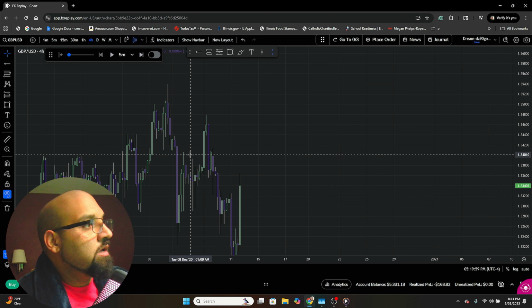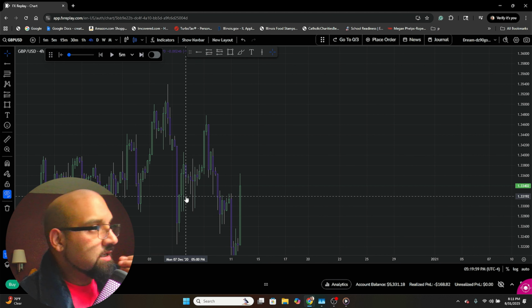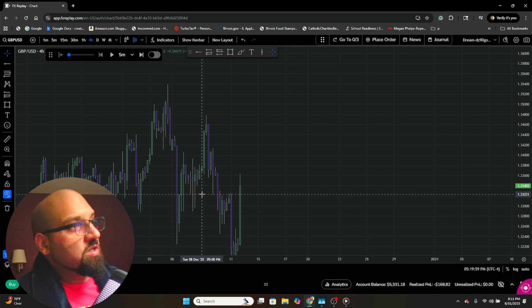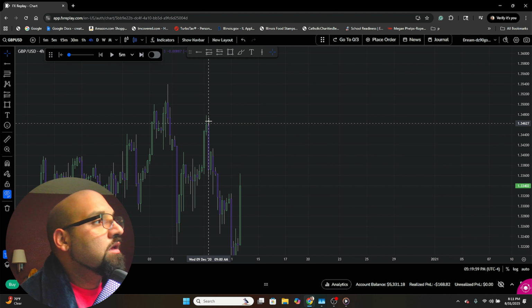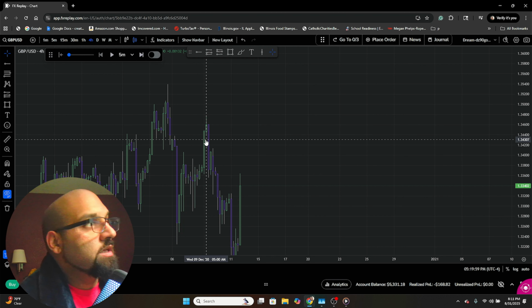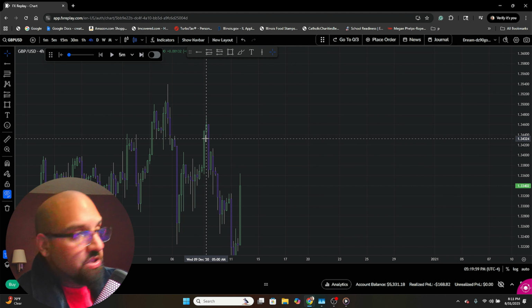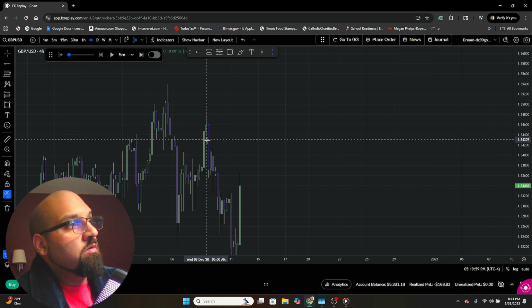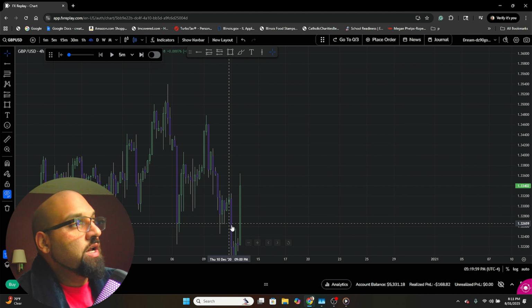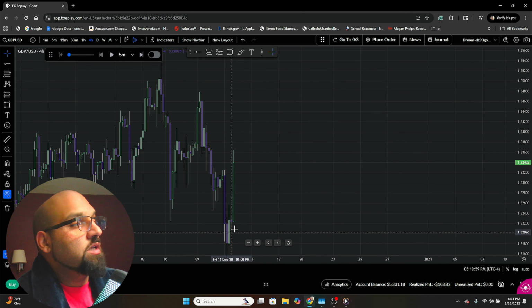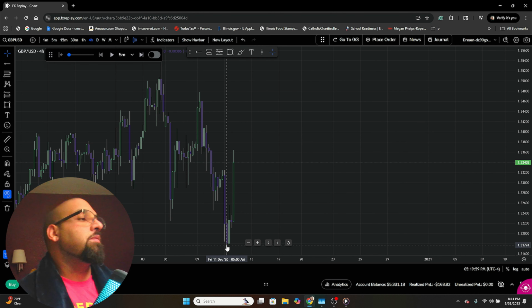All this right here, right from this to this, it's just accumulation. This to this, it's just manipulation. And then what do we got? A reversal straight down. Dick size candles straight down.